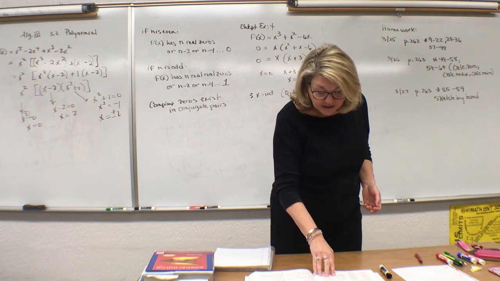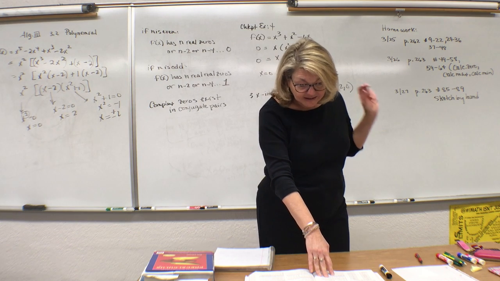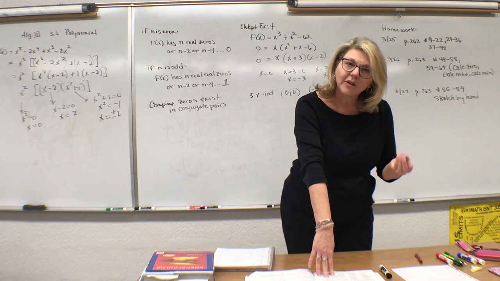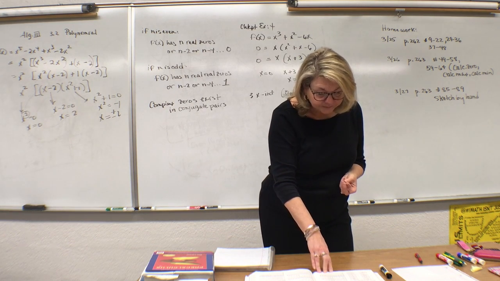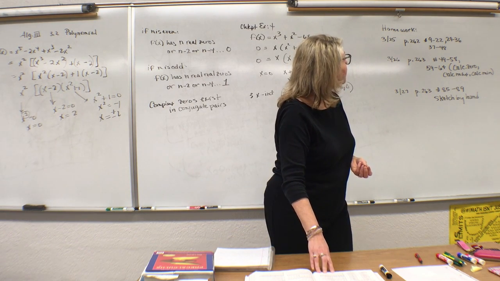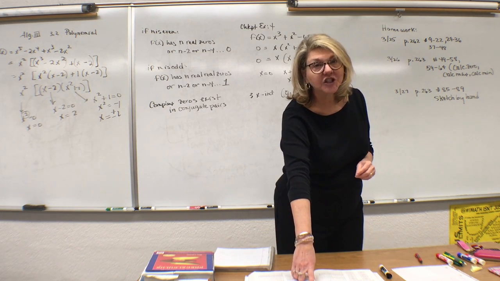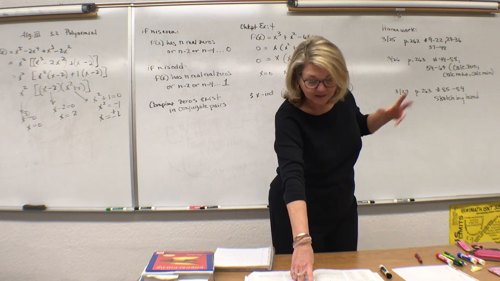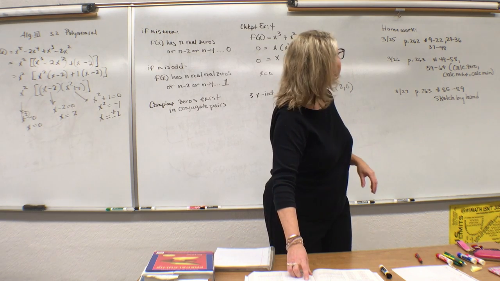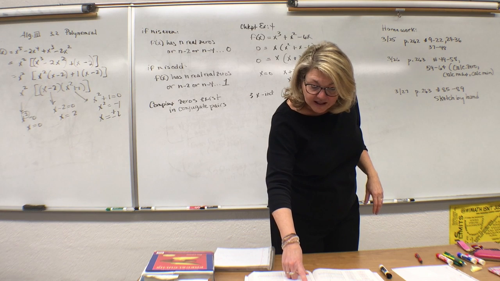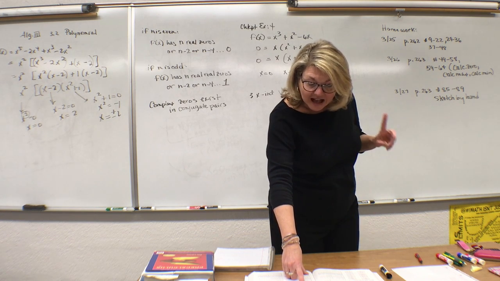Continuing on, 17 through 22, again, sketching, looking at transformations, this time with respect to the cubic function, as well as 29 through 36, lead coefficient test. Tell me what's happening, left hand and right hand behavior, and 37 through 48, using finding the zeros algebraically.